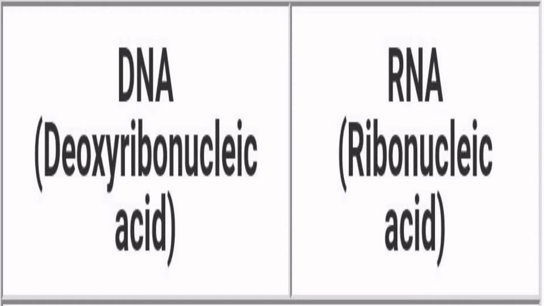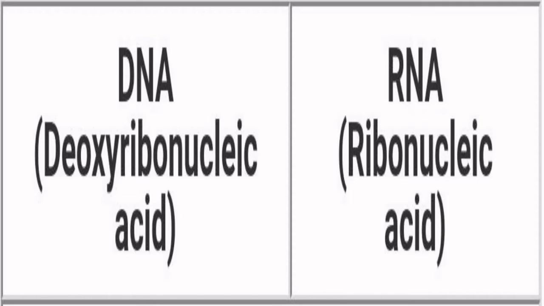A single nucleotide is made up of three components. One is a base which has a nitrogen atom, known as the nitrogenous base. This base can be of two types, purines or pyrimidines. Adenine and guanine are the purine bases, while thymine, cytosine and uracil are the pyrimidine bases.